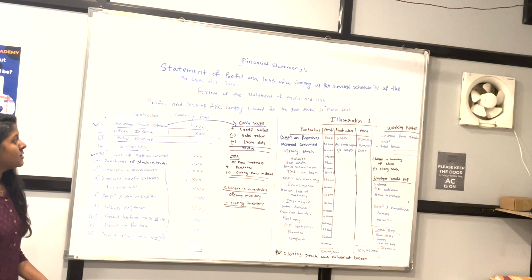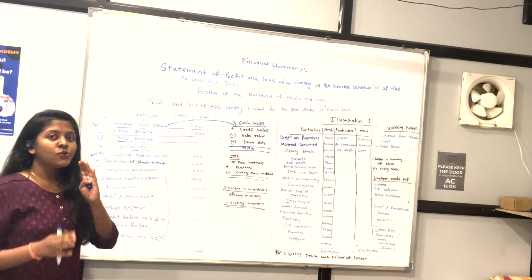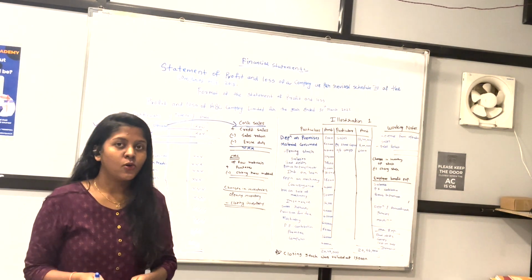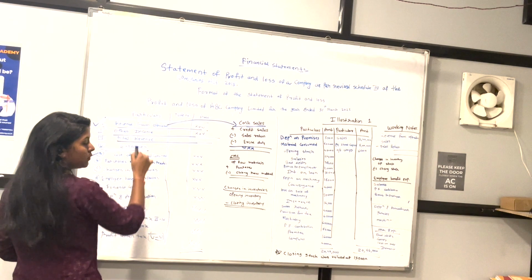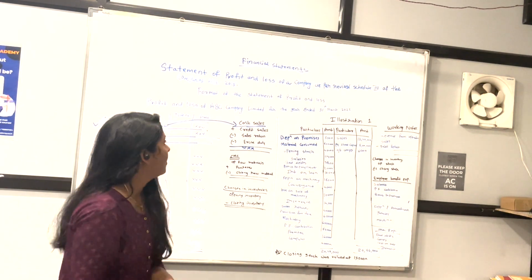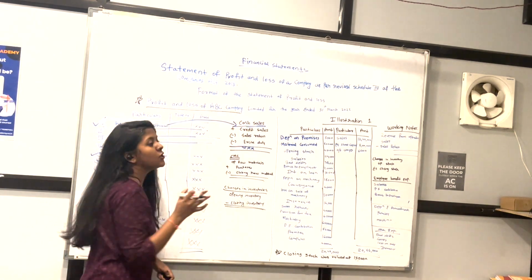Next head is, now before starting with this, whenever you are preparing a profit and loss account or any financial statements, at that time you have to put this heading. This is very important: profit and loss of which company you are preparing.